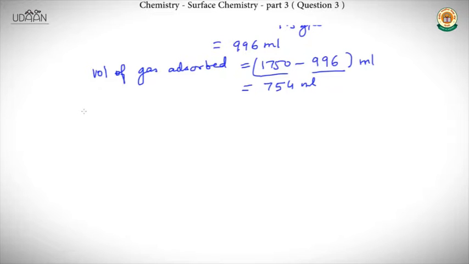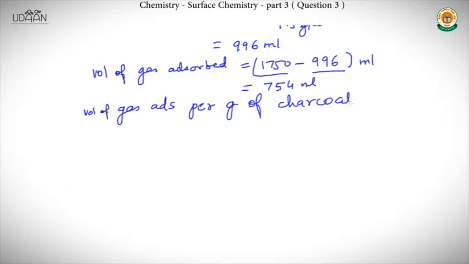Now I'll find the volume of gas absorbed per gram of charcoal. I'll simply divide this by 6. So 754 by 6 is 125.67, and the units will be ml per gram.